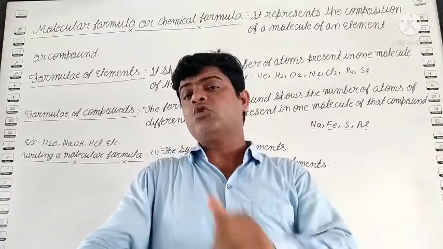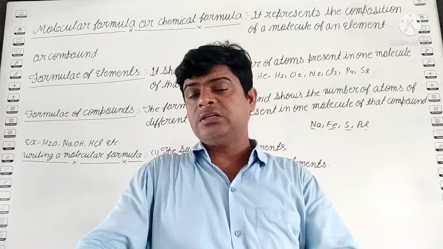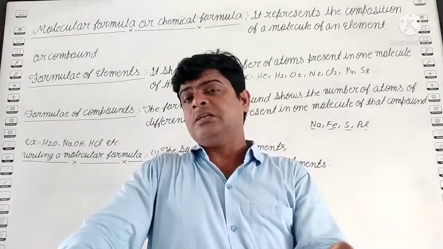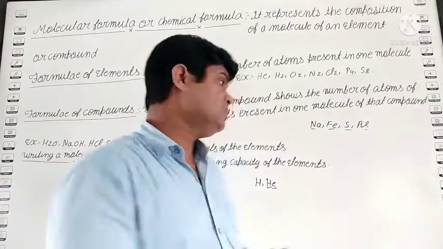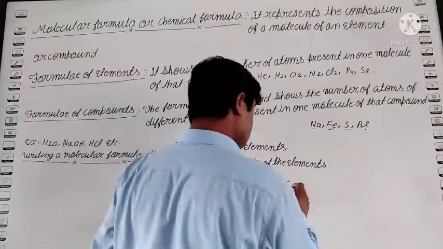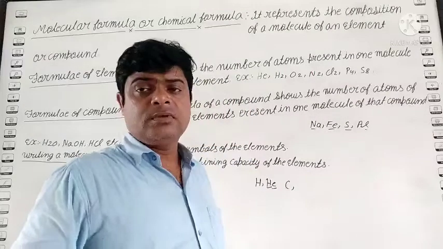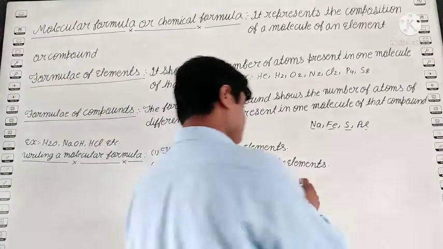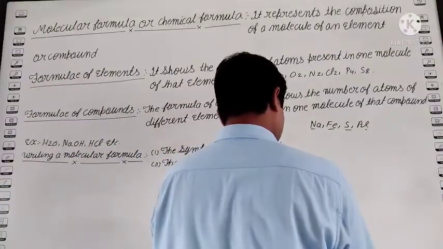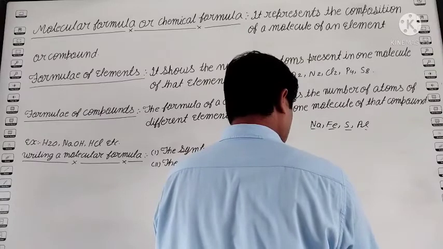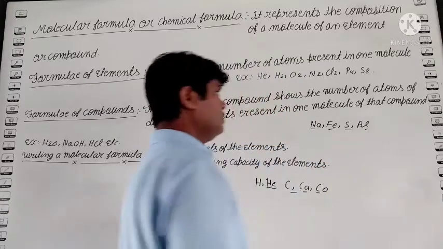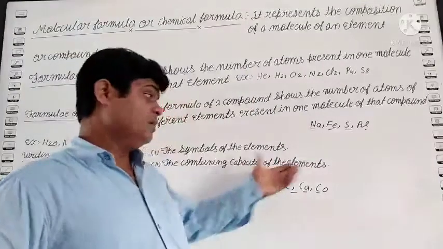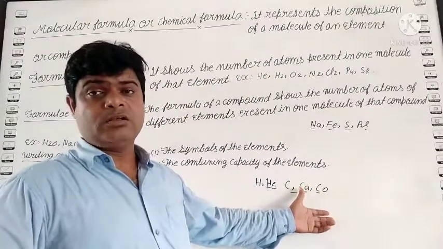Cobalt and calcium also start with C. Calcium is taken first with the symbol C, and after that, the second is a, so Ca for calcium. Next, cobalt is Co. With the help of such rules, we are able to write the formula.